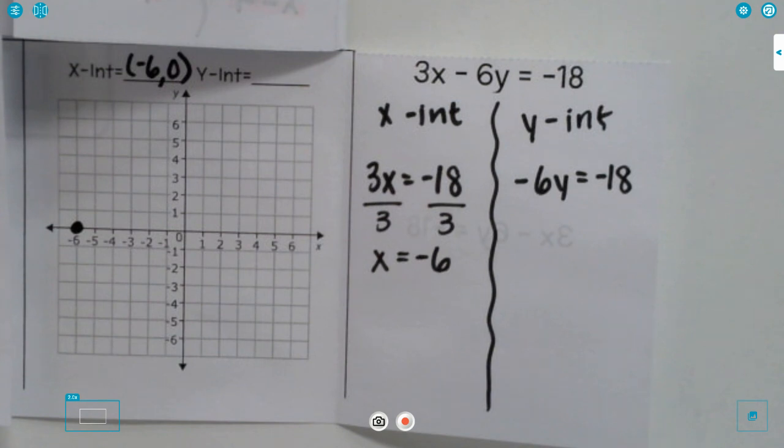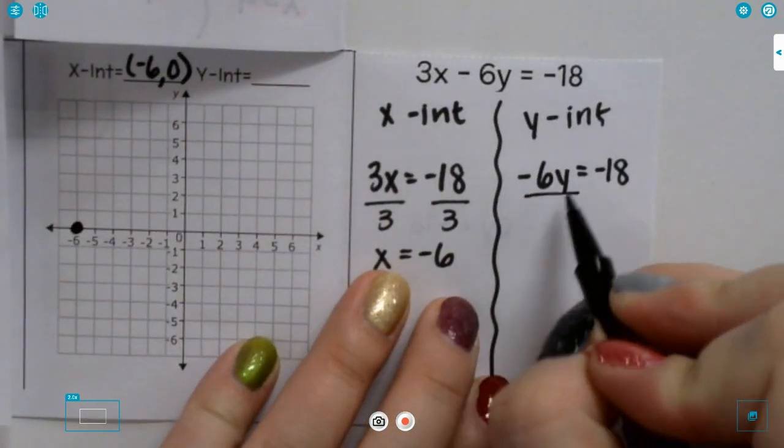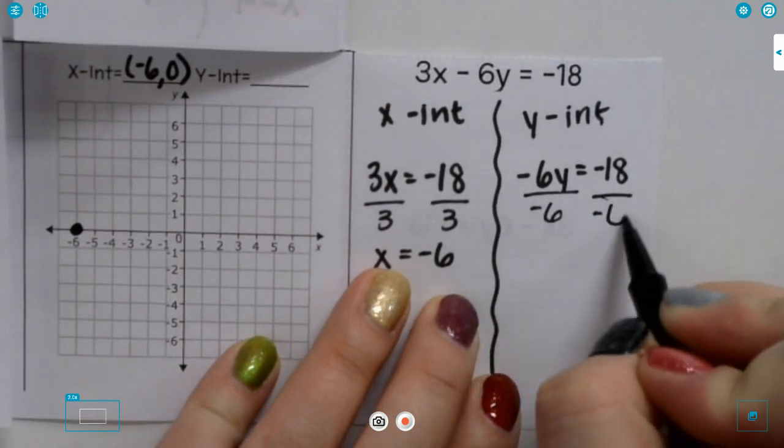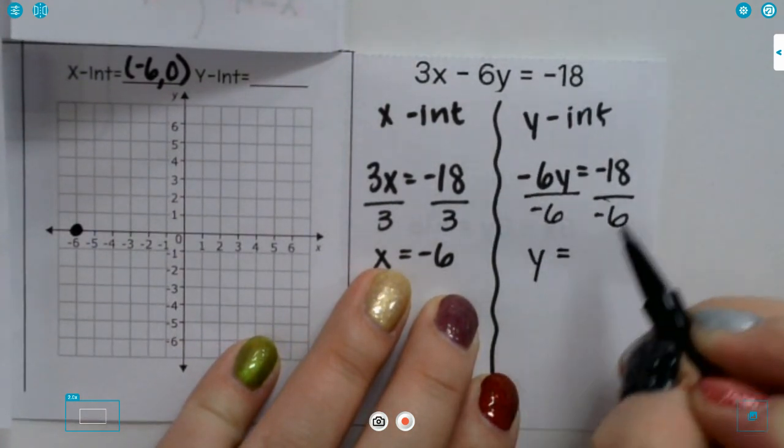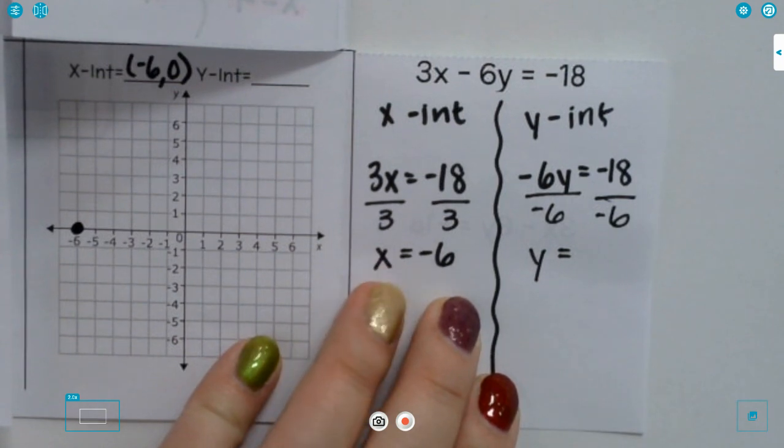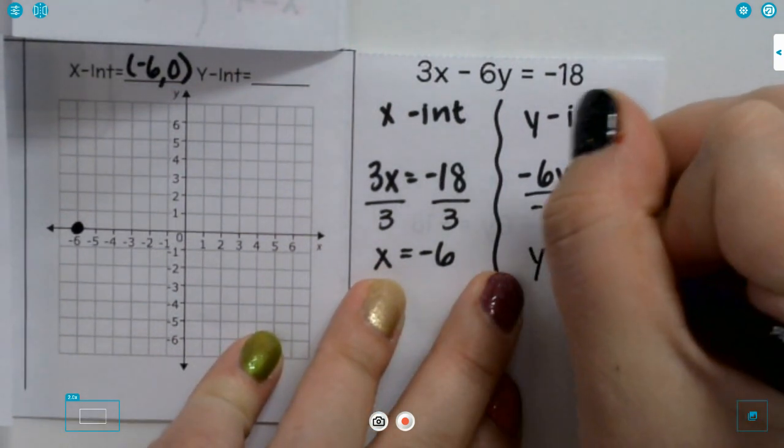And then for my y-intercept, I would divide both sides by negative 6. I'm going to get y equals negative divided by negative is positive. So this is positive 3.